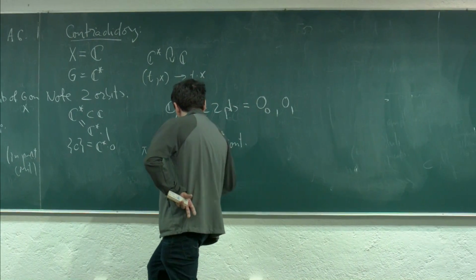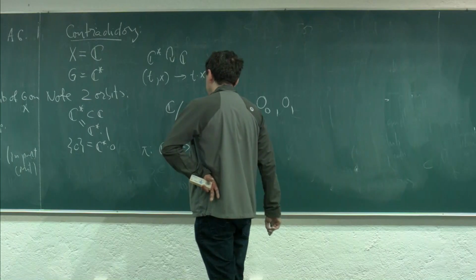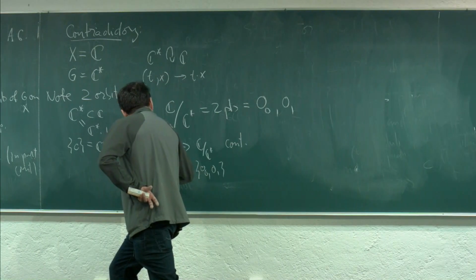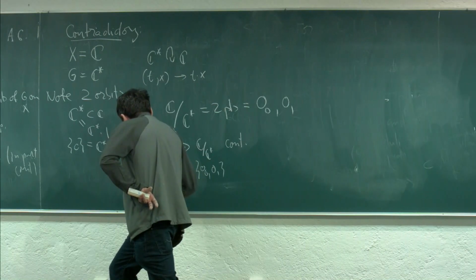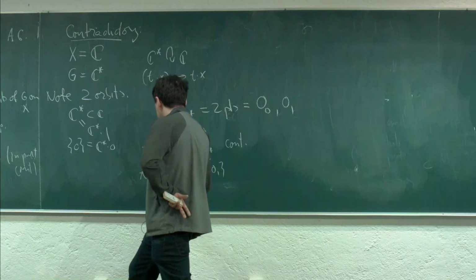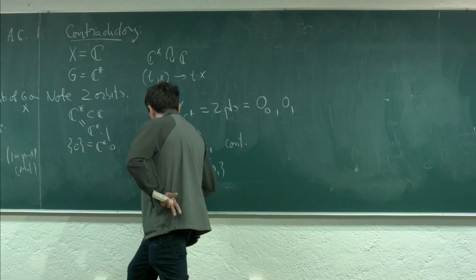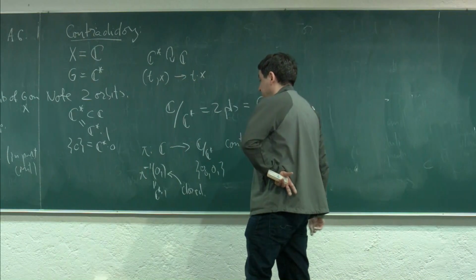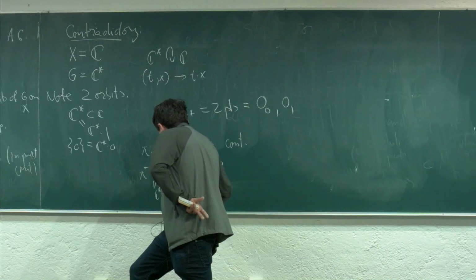If I take pi inverse of O1, this is of course C star times 1, the orbit of 1. But for topological reasons, this should be closed, and of course C star inside C is not closed.